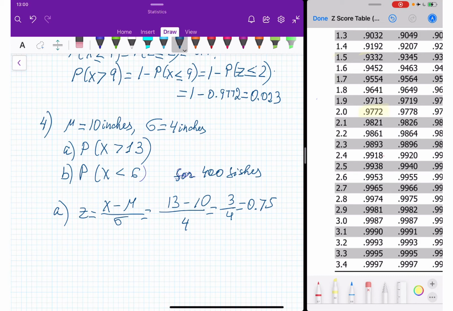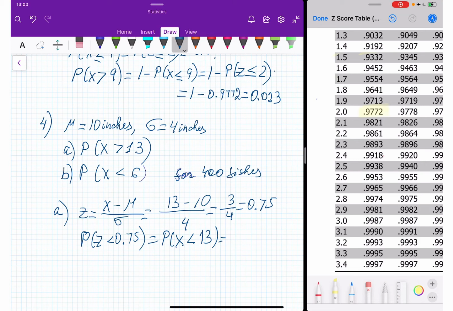So if I find probability for z-score that is less than 0.75, that means we are finding probability for x that is less than 13, but we need greater than 13. What do we have to do? Correct. Once we find probability, we subtract from 1.